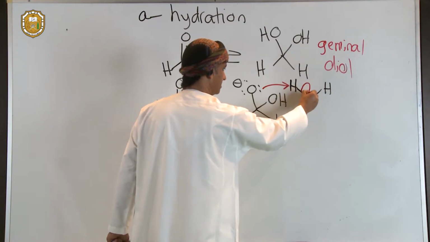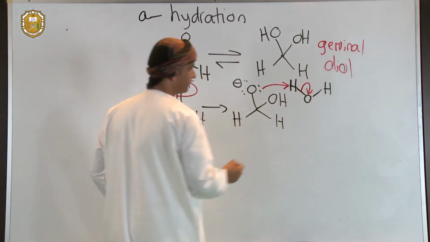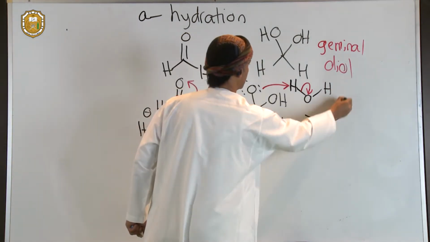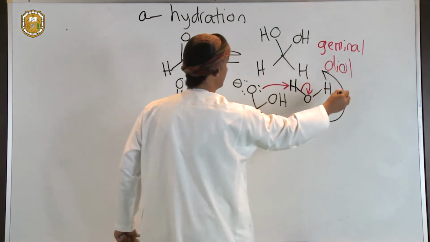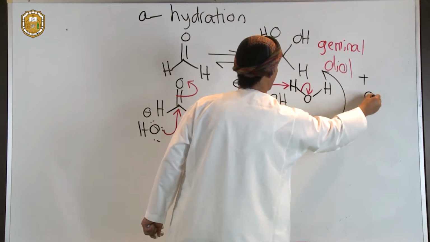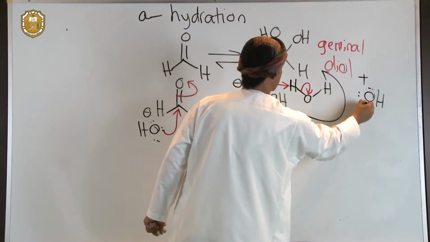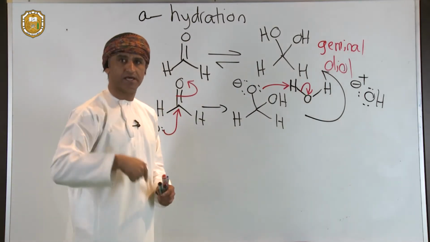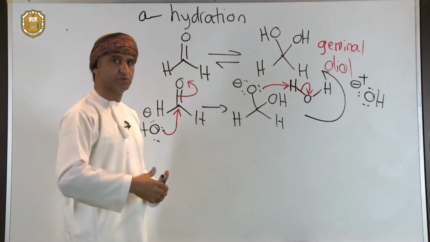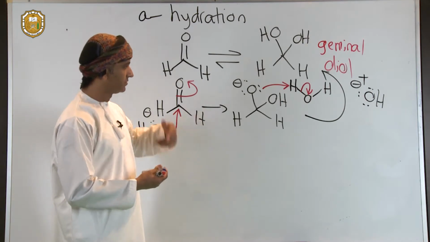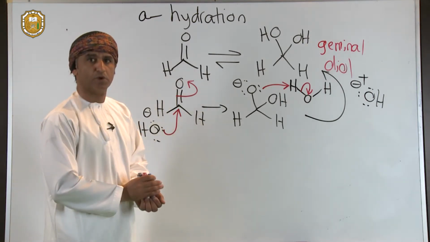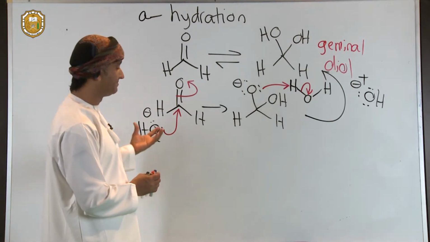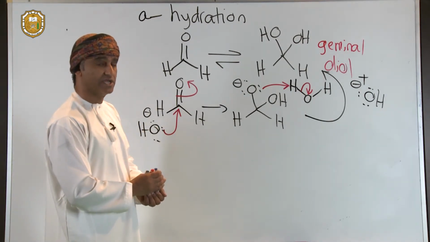This hydrogen-oxygen bond therefore breaks, and this gives the product with regeneration of the hydroxide ion. Because it is a base catalyst, it is regenerated, recycled, and can be reused to react with another molecule of formaldehyde. So this is base-catalyzed hydration.